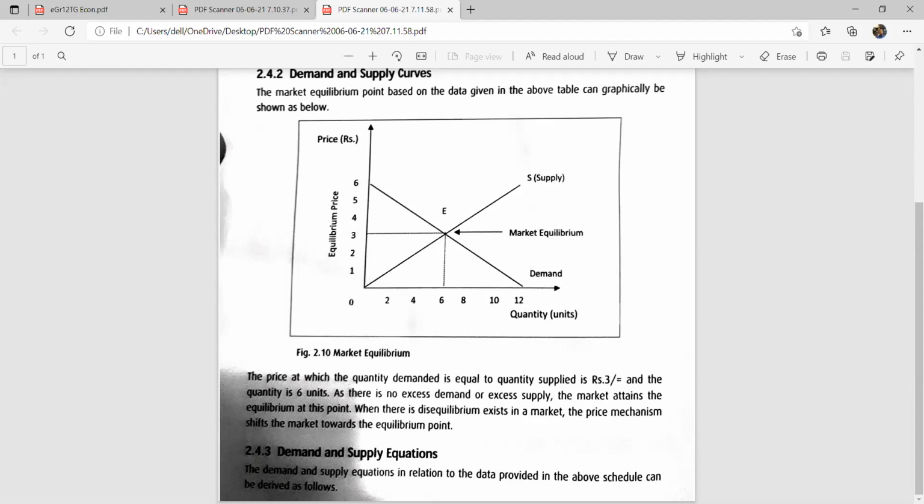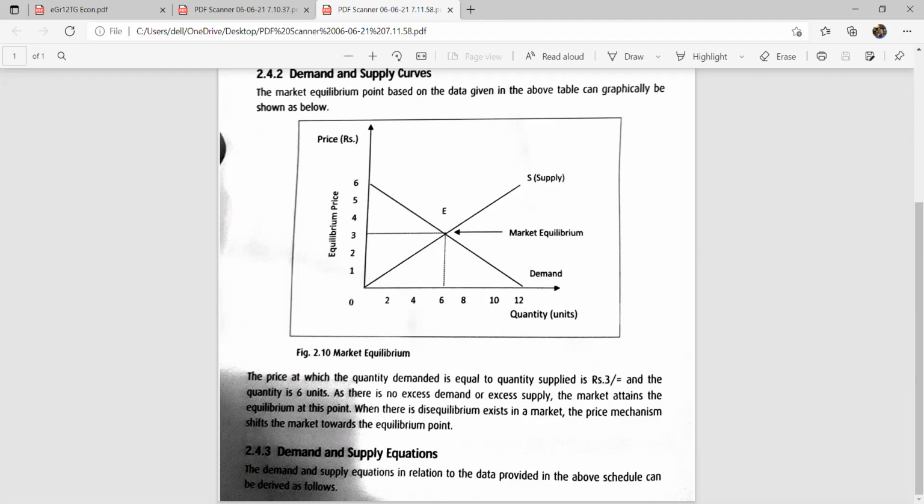When we come to increase in demand, when the demand increases, you can observe the demand curve has shifted to the right side. Then the price increased from P1 to P2. Quantity also increased. When the demand decreases, the demand curve shifted to the left.